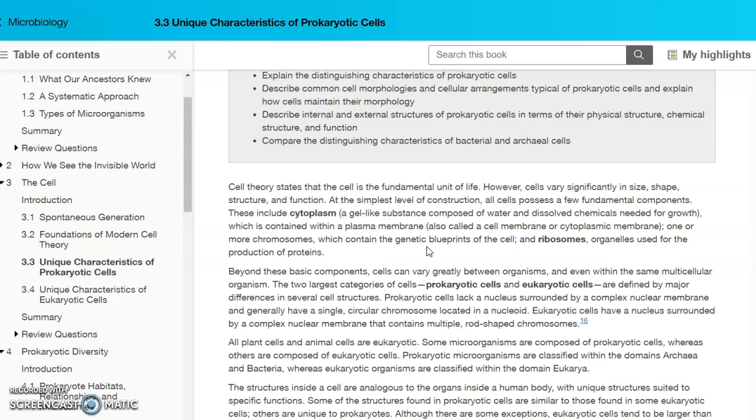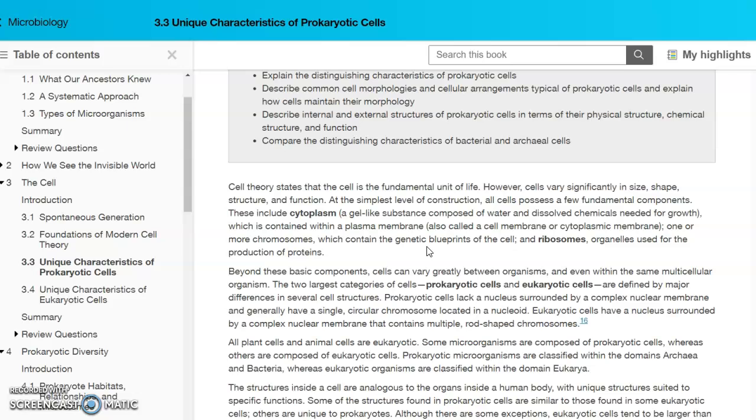Prokaryotes tend to have a single circular chromosome located in what we refer to as the nucleoid region. So we don't call it a nucleus because it doesn't have a membrane on it or around it. We call it a nucleoid. Okay, so similar to a nucleus, but not quite.